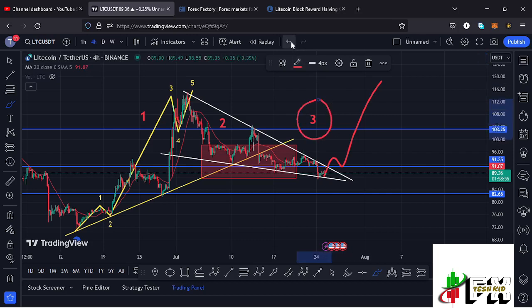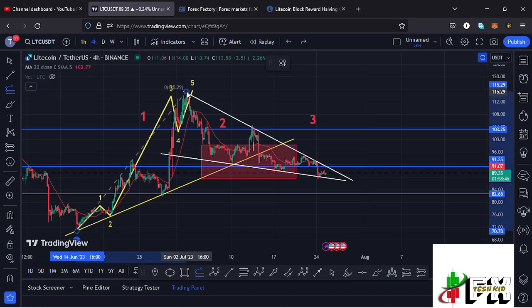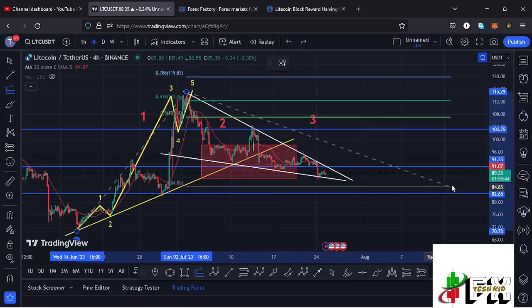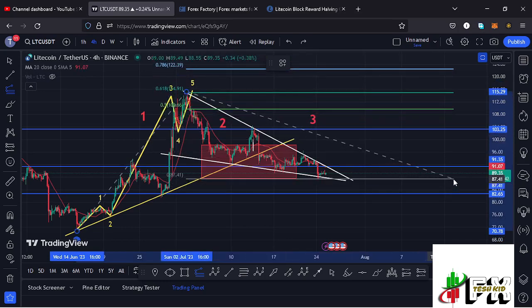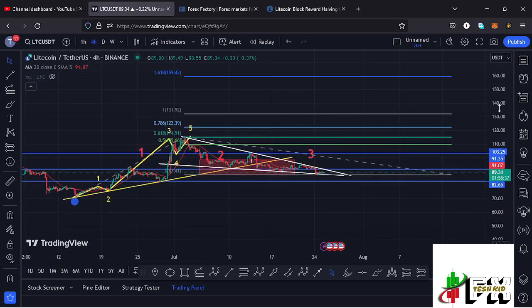To give you a target area for the third wave, I connect the trend-based Fibonacci from the low of the first wave to the high of that wave 1, then drag the fibs to the low of the second wave. I get a minimum target area at the fib level 1.618, at around the $159.42 mark, and that is the minimum that I'm expecting Litecoin to do in the formation of that wave 3.